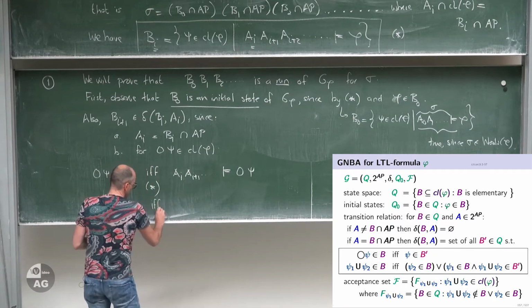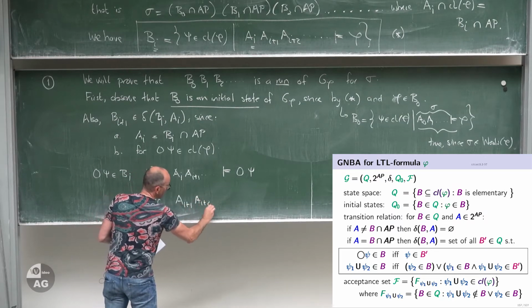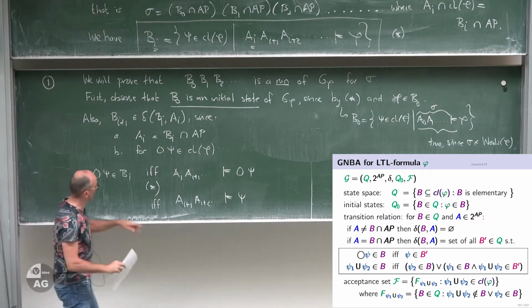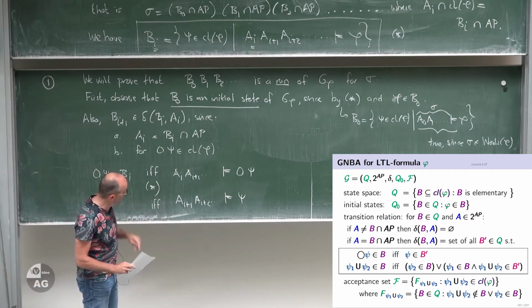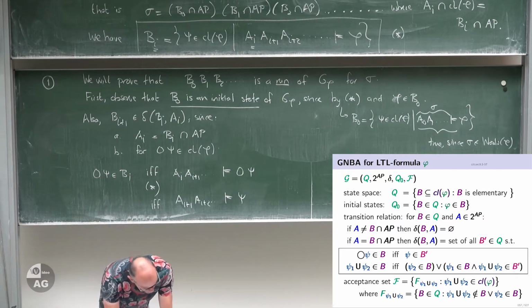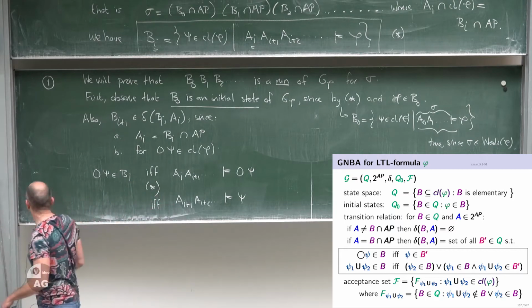But this means, if and only if, Ai+1, Ai+2 satisfies psi. Now, here I just use star, here I use the if and only if, and I'm a little bit confused because, sorry, I made one typo which I see now.